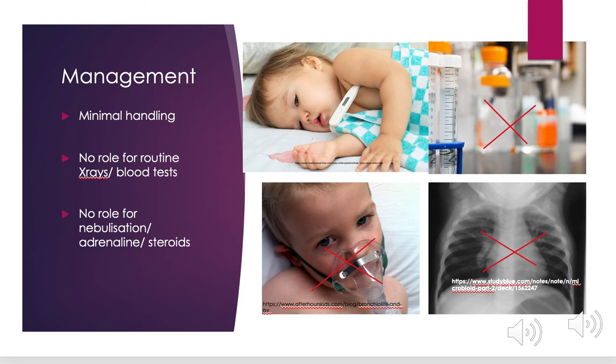And in such situations, it probably calls for senior input to make the decision about de-escalation. And hence, there is really no need for antibiotics either, unless there is a suspicion of secondary bacterial infection, in which case the course would be different. There's also no role for nebulization, adrenaline or steroids in the overall management.